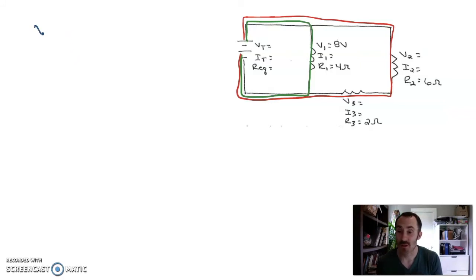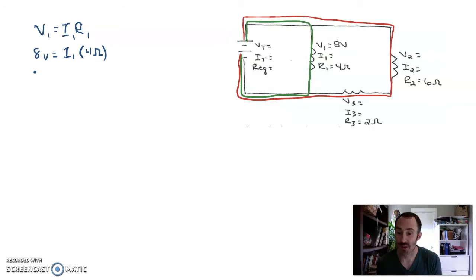And so let's go V1 equals I1R1. And we get 8 volts is equal to I1 times 4 ohms.